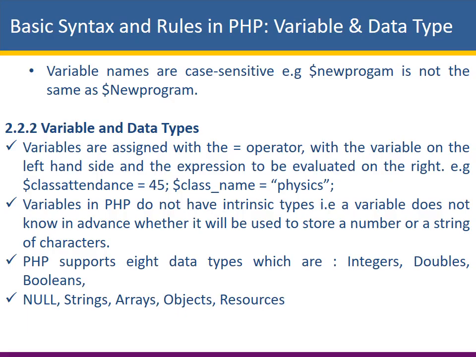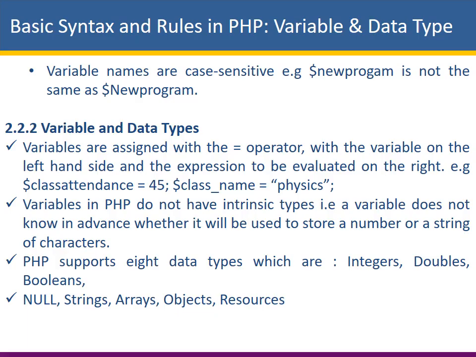We want to look at variables as well as data types in PHP. Variables are assigned with the equal to operator, with the variable on the left hand side and the expression to be evaluated on the right hand side. Like this example here, $class_attendant equal to 45, ending with a semicolon.